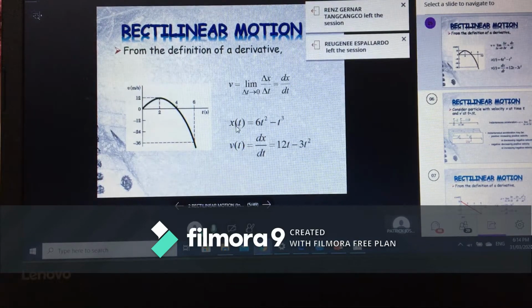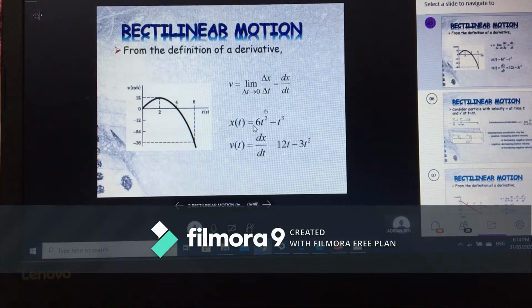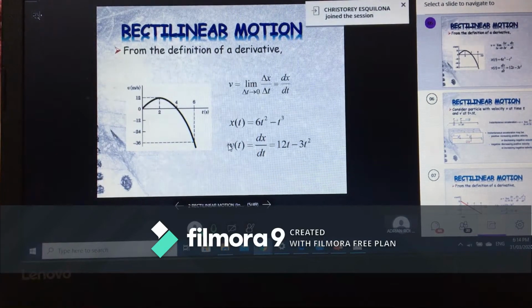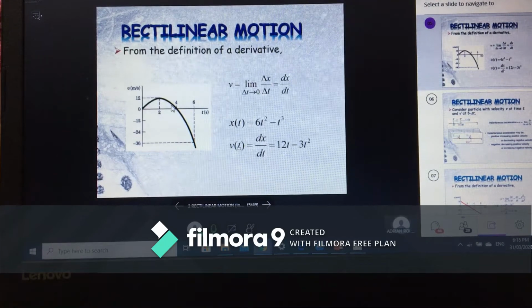So the derivative of x as a function of t equals dx over dt, or that is the velocity as a function of time, and that is equivalent to 12t minus 3t squared. Okay, so you just take the derivative of this function here and you will get this equivalent. So that is the instantaneous velocity, and when you graph this, you will see this one.